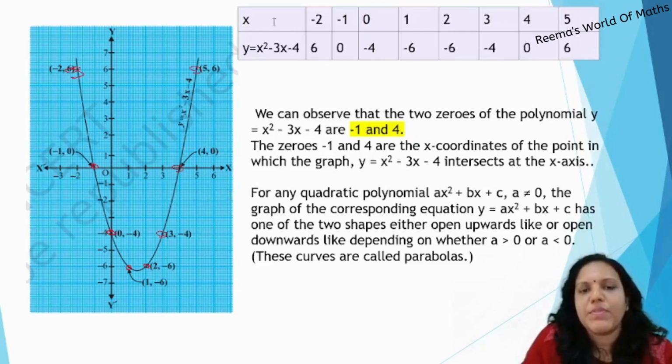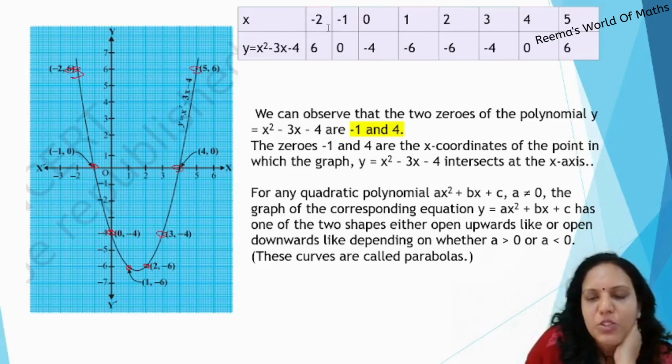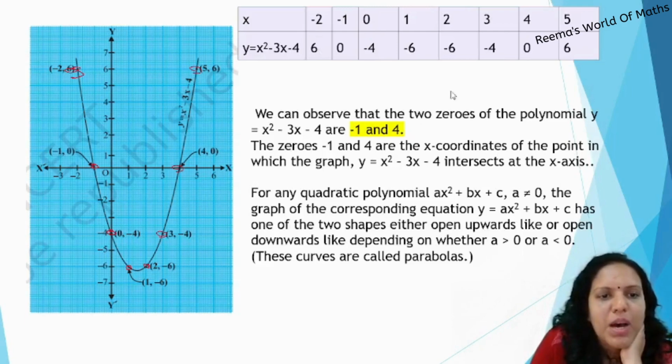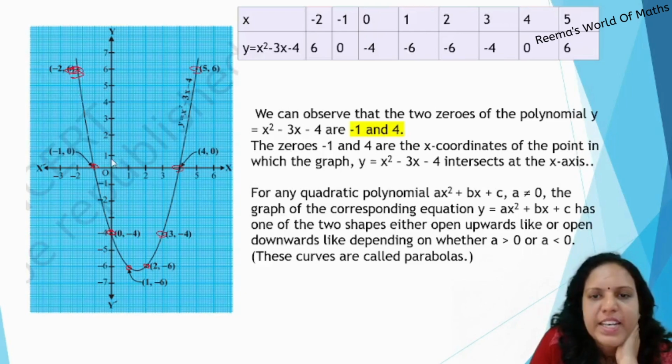Now, the first point, when we replace the value of x by minus 2, we got the y value as 6. I have already marked it here. So, the first point is placed here, minus 2 and 6. The second point is when the value of x is minus 1, y is equal to 0, which is on the x-axis. So, here it cuts the x-axis, and if the value of x is 0, the value of y is minus 4.